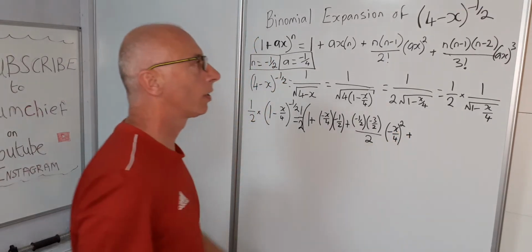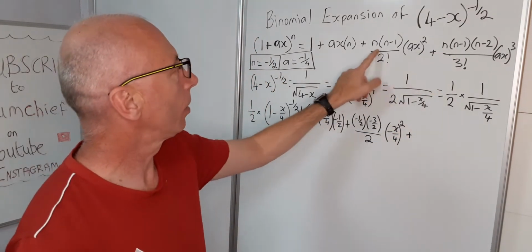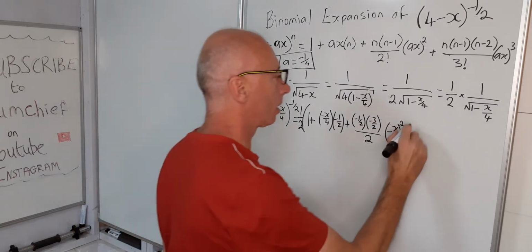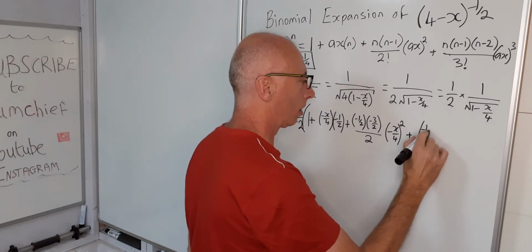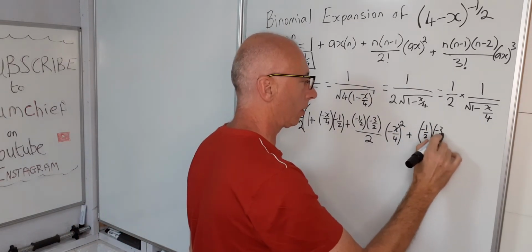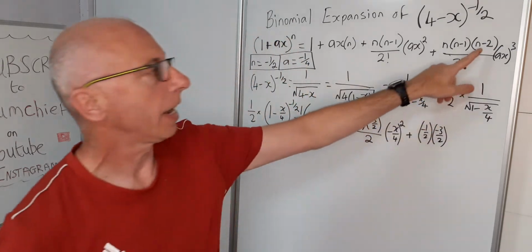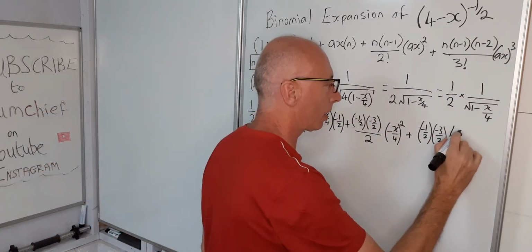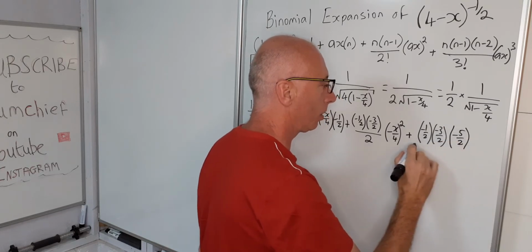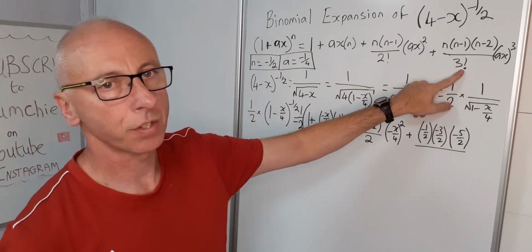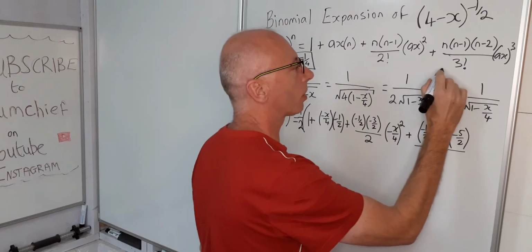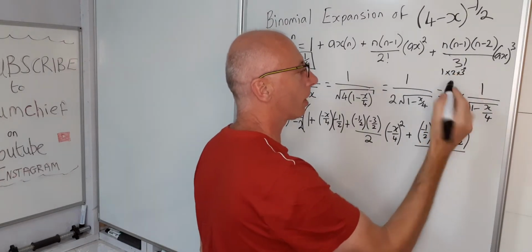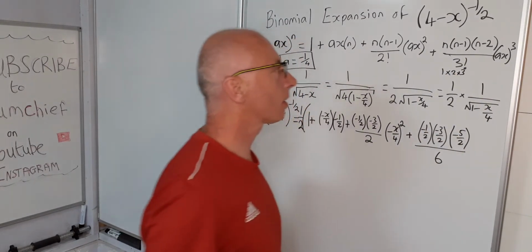And now for the next one, n and n minus 1. Well, we've got them here already. It's minus 3/2. And then n minus 2, just subtract 1 again. That's minus 5/2. This time it's 3 factorial. Well, 3 factorial is 1 times 2 times 3, which we know is 6.